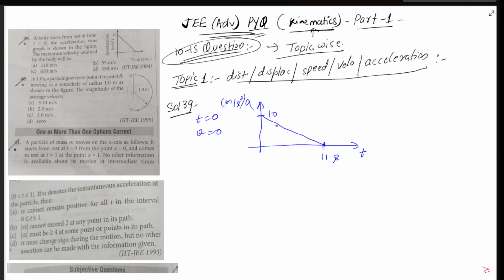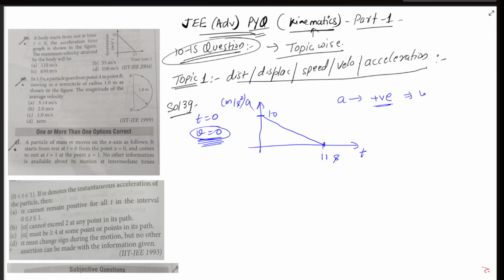Now from this graph we can find some basic conclusions. Acceleration at every time is always positive. The particle is starting from rest, so v is 0, and if acceleration is positive, the velocity is going to increase.